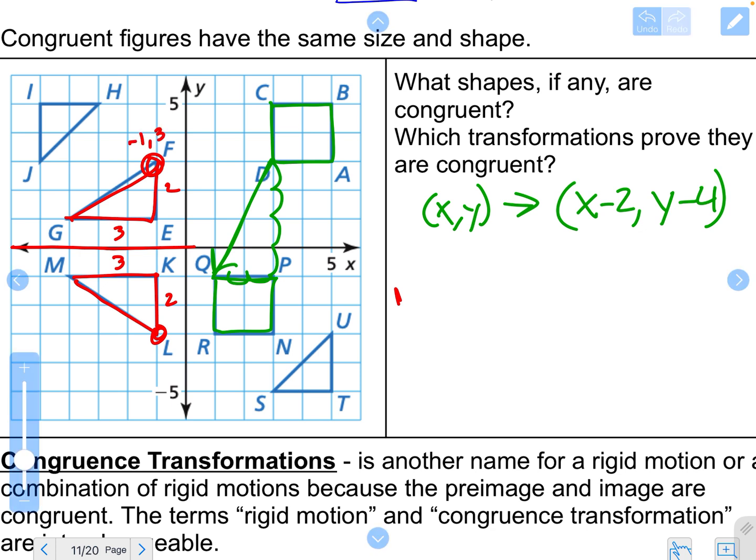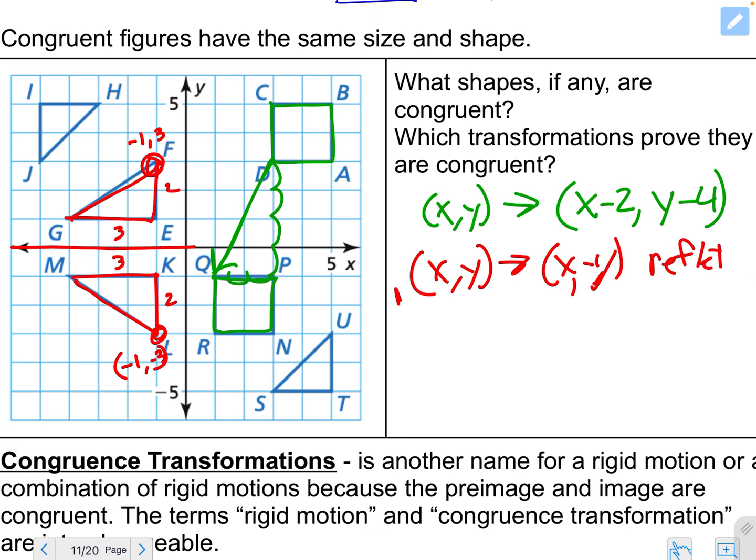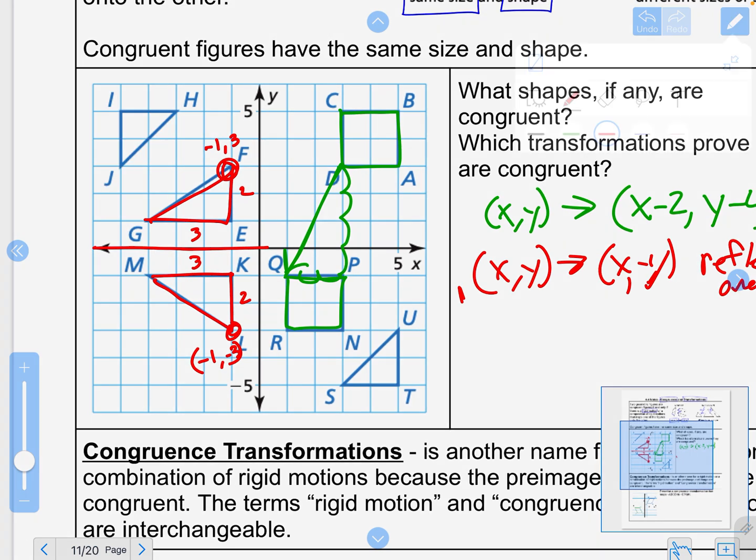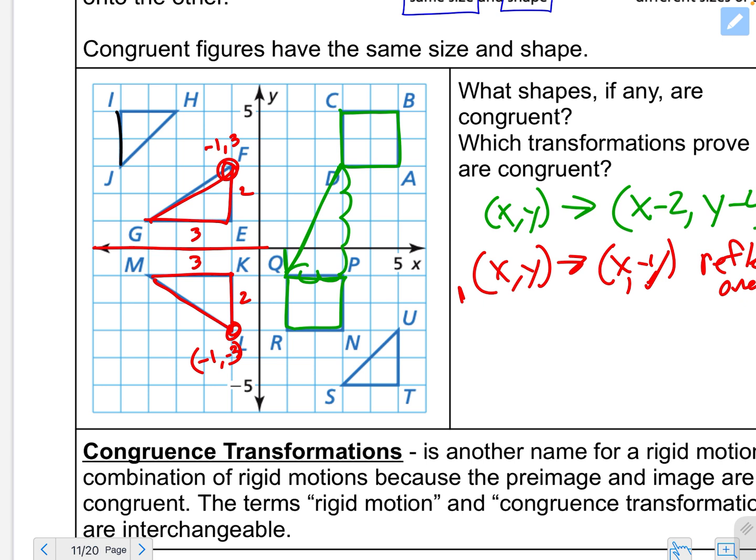If we reflect over the x-axis, my rule is (x, negative y), which means this would be (1, negative 3). So that would work. So for those two, we used our reflection rule, (x, negative y), which is a reflection over the x-axis.